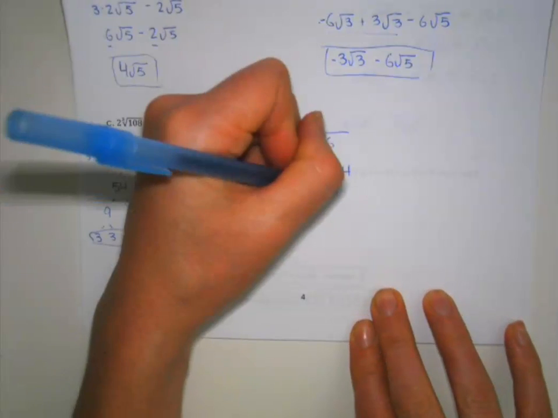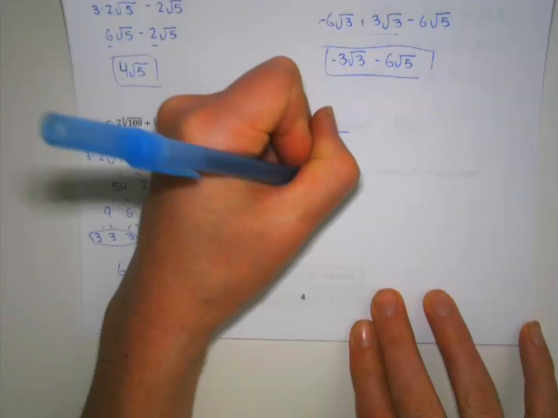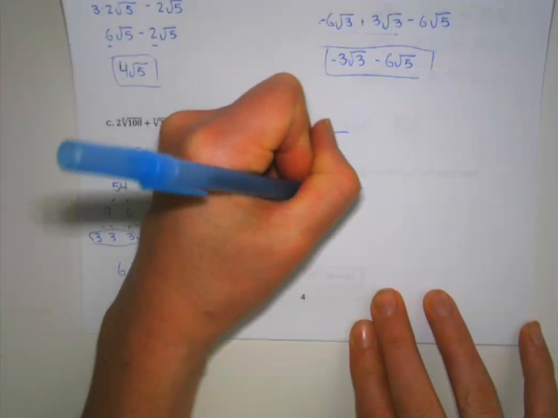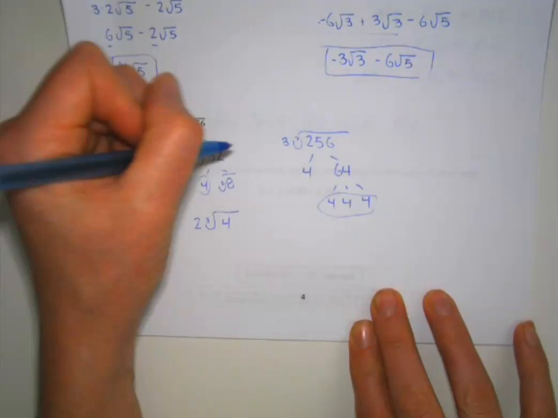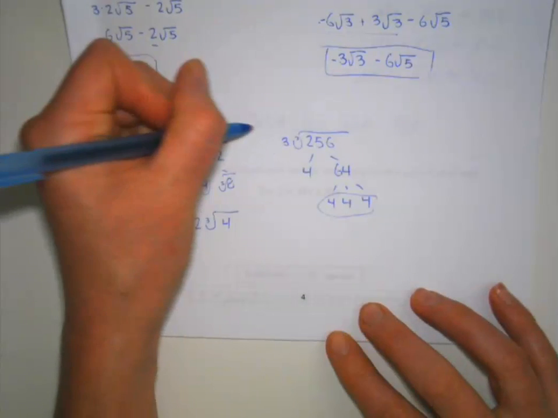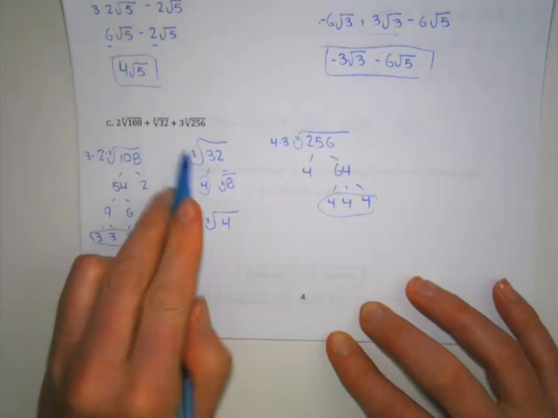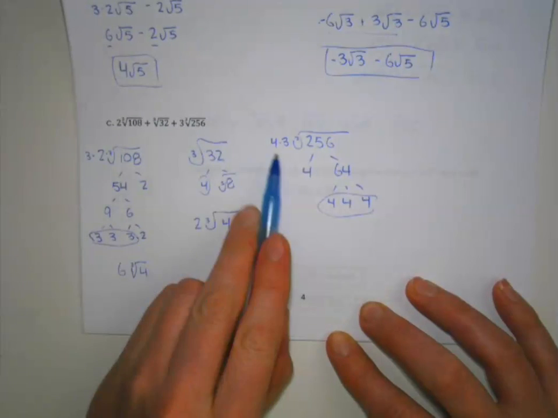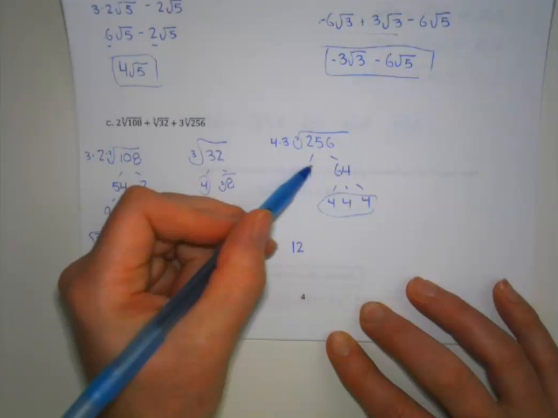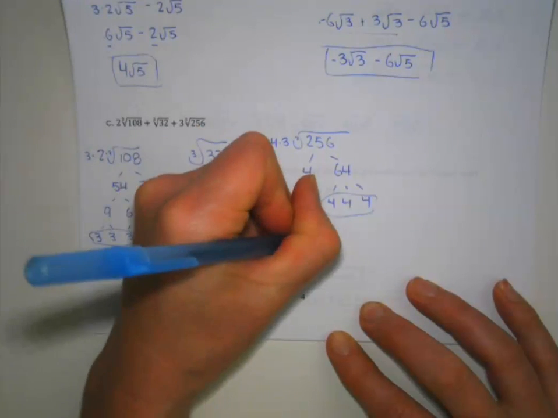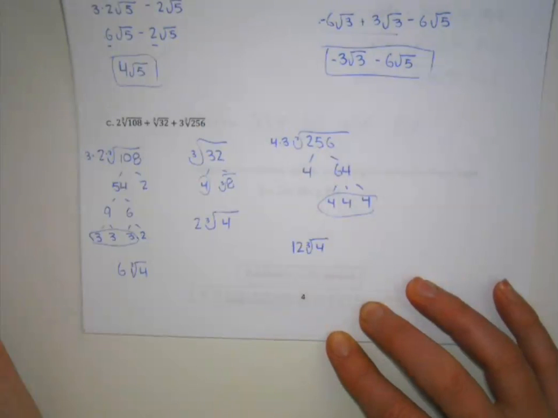And 64, maybe you guys remember from the last lesson, is again a perfect cube. 4 times 4 is 16, times 4 is 64. So I can get rid of that group of 3 and move it outside and multiply it by the 3 that was already there as a coefficient. So 4 times 3 will give me 12. And I'm left with one single 4 underneath my radical, so cube root 4.